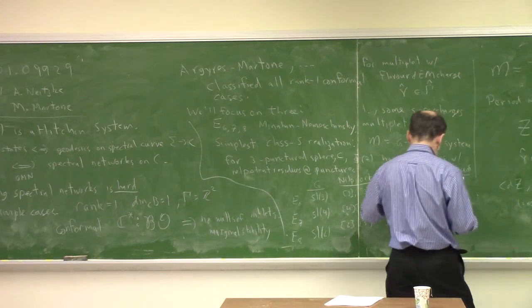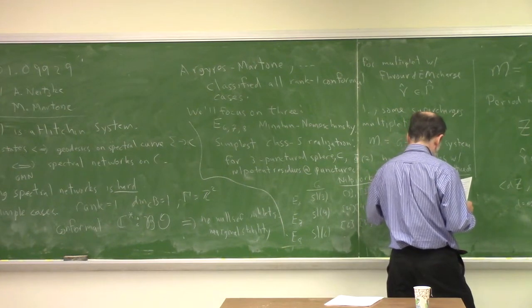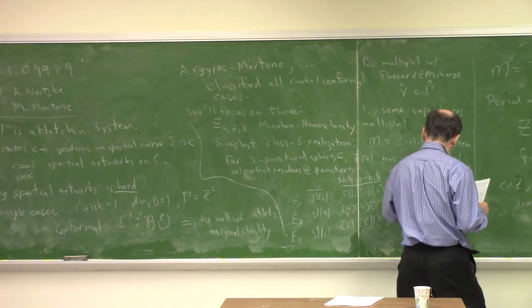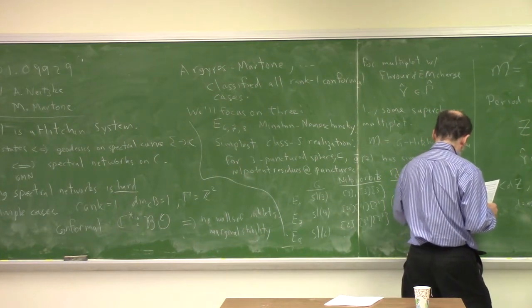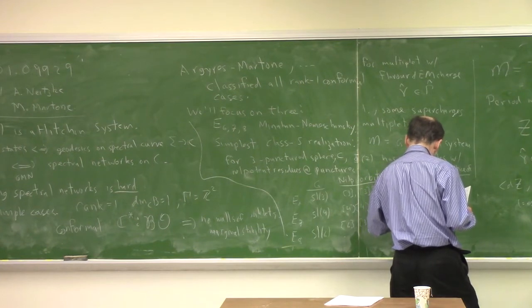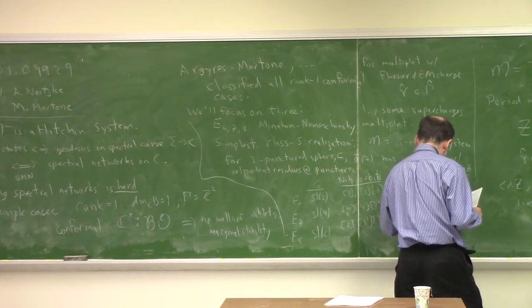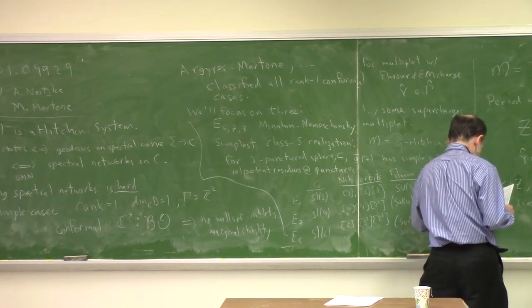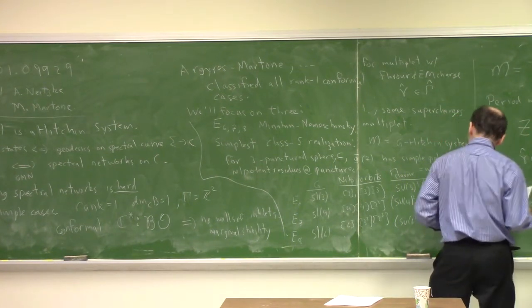In this case, it's SU4 squared cross SU2 mod Z2. And in this case, it's SU6 cross SU3 cross SU2 mod Z6.